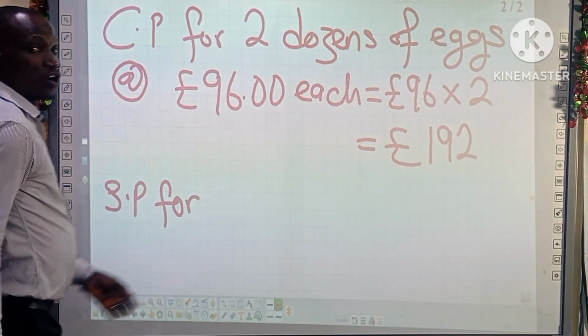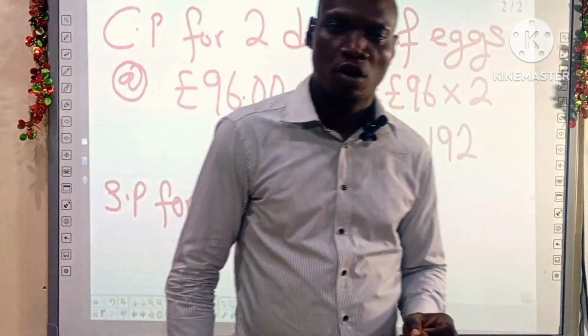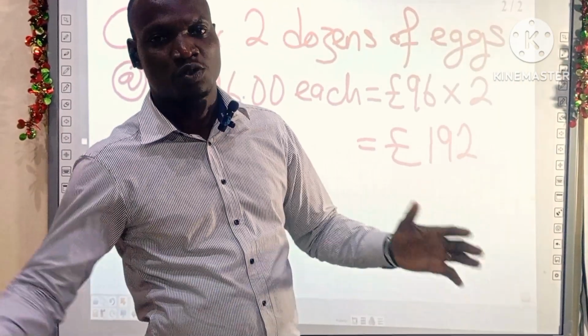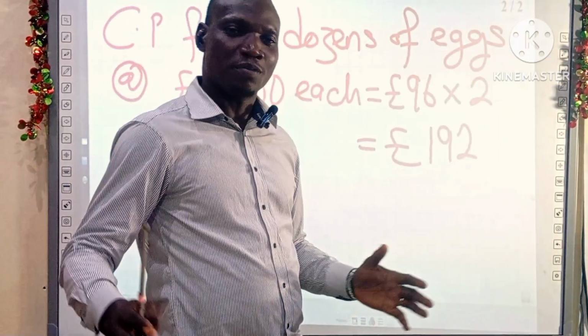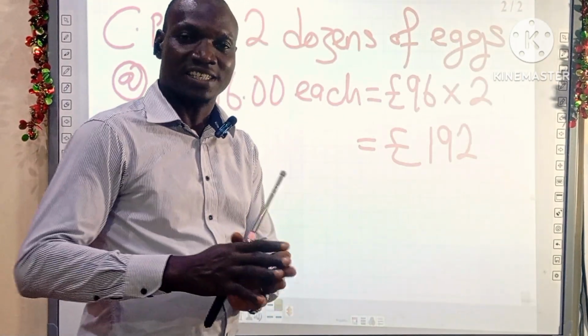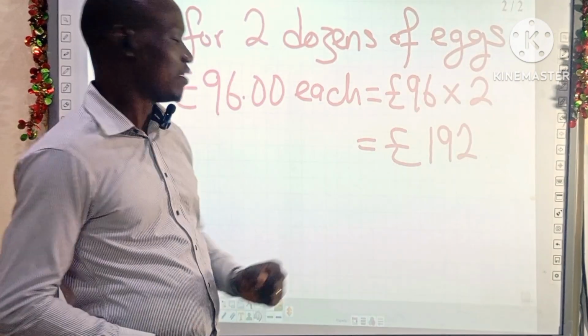The 2 dozen was supposed to be 24, but 2 got broken during transportation, when transporting it from the poultry to the store. And since 2 are broken, they are damaged, we have 22 left. And each was sold for 7 pounds.